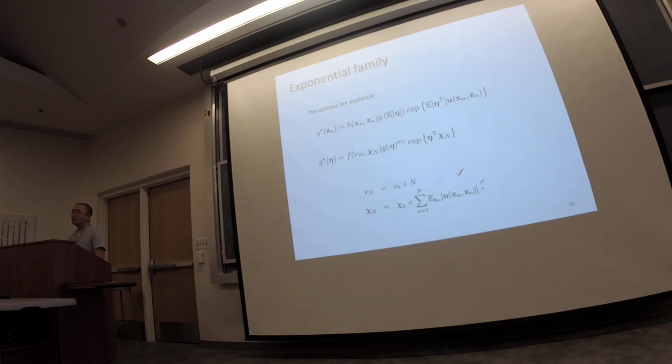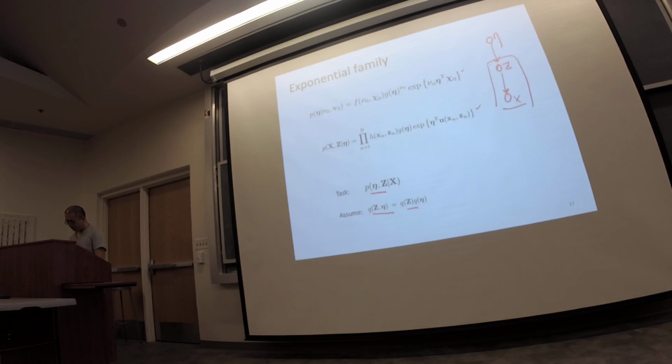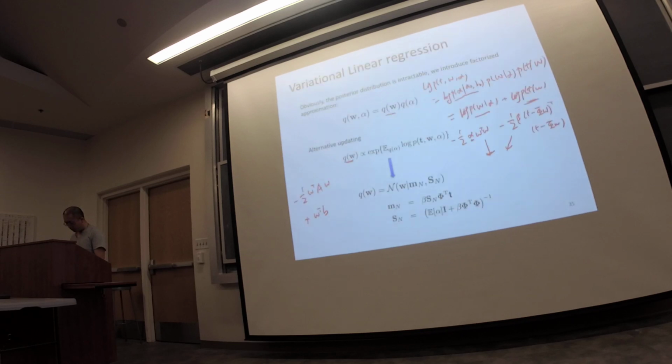Any questions so far? So just going back to the linear regression example, we have our estimation for the joint probability by multiplying Q of W and Q of alpha. So we get a distribution for Q of W, and we get a distribution for Q of alpha.